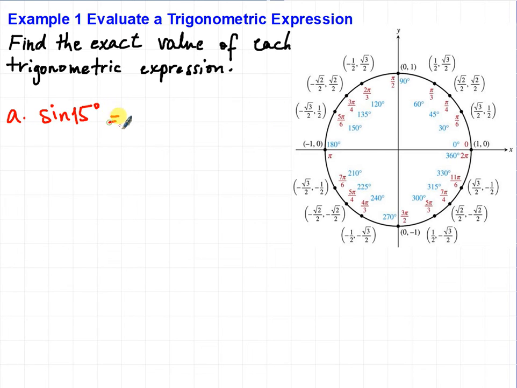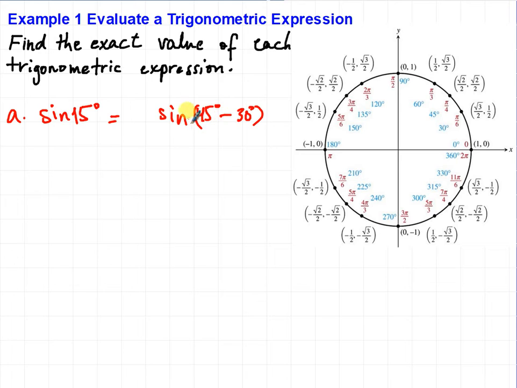By writing 15 degrees in terms of two other angles that are part of the unit circle, like the 45 and the 30. If I take 45 degrees minus 30 degrees, this would be 15. And if I take the sine of sine 45 minus 30, technically it's the same as sine 15.